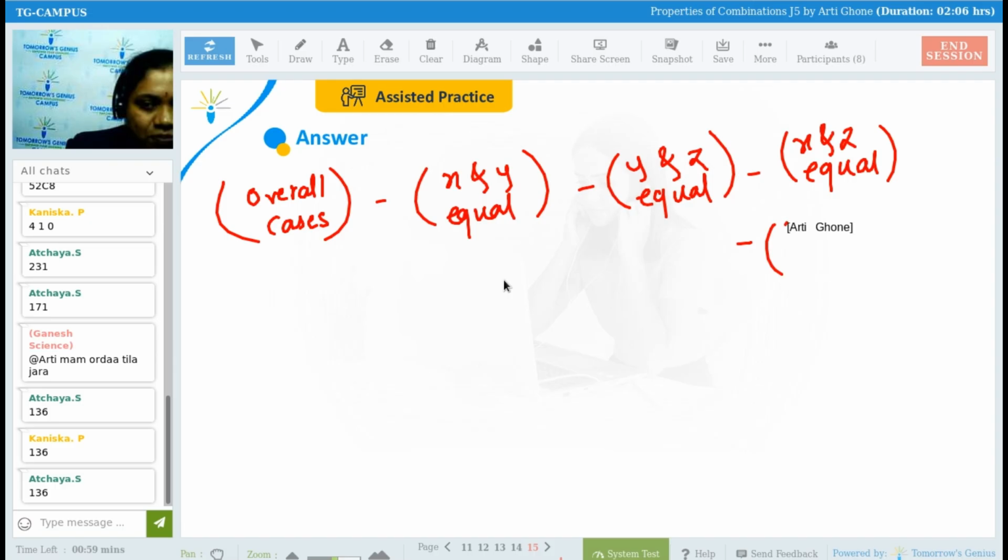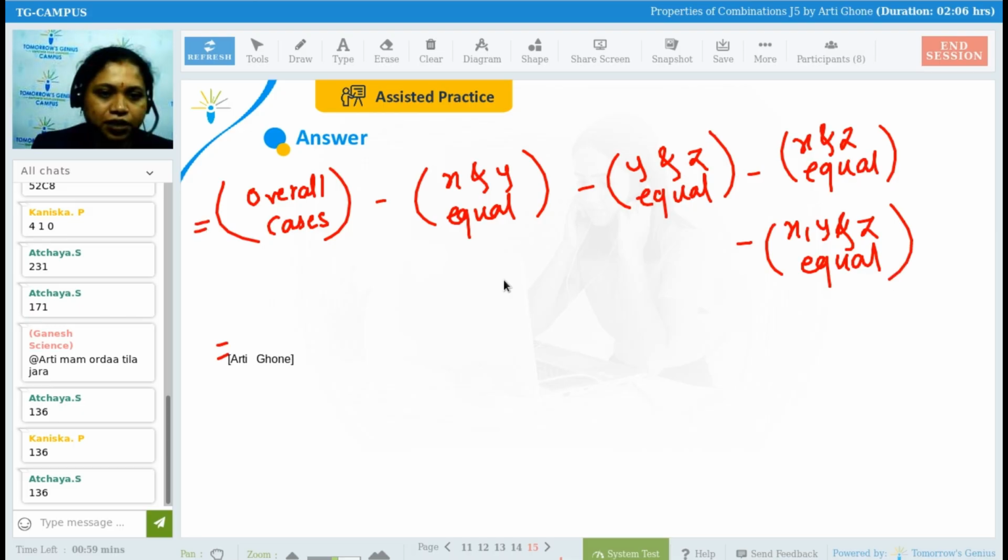And one more thing is subtracted: x, y and z all equal will be subtracted. Clear? See how, with the one word distinct, our calculations are changing. Clear or not? With the one word distinct, how our calculations are changing. Clear? Okay. Now, yes or no? So, see that the overall cases you got is 136.